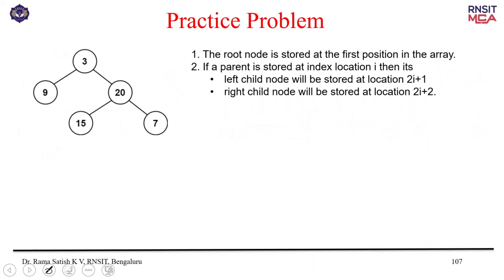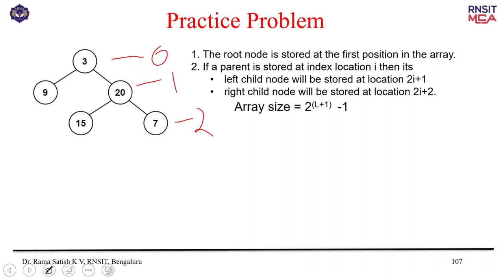So now, if the tree is like this, how do you represent the elements in the array? If you have paper and pen, please note down. This is the tree, and you have to represent this tree in an array. So how many levels are there? Level 0, level 1, level 2. First you have to find how much element size is required for the array.